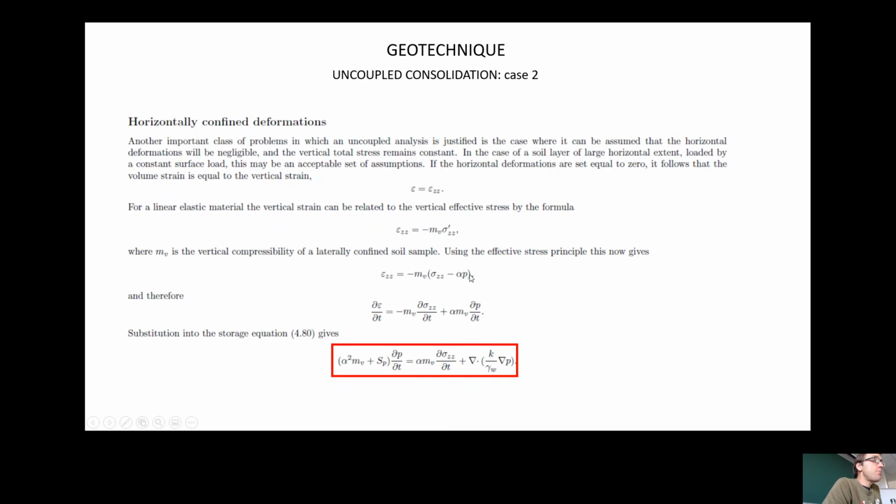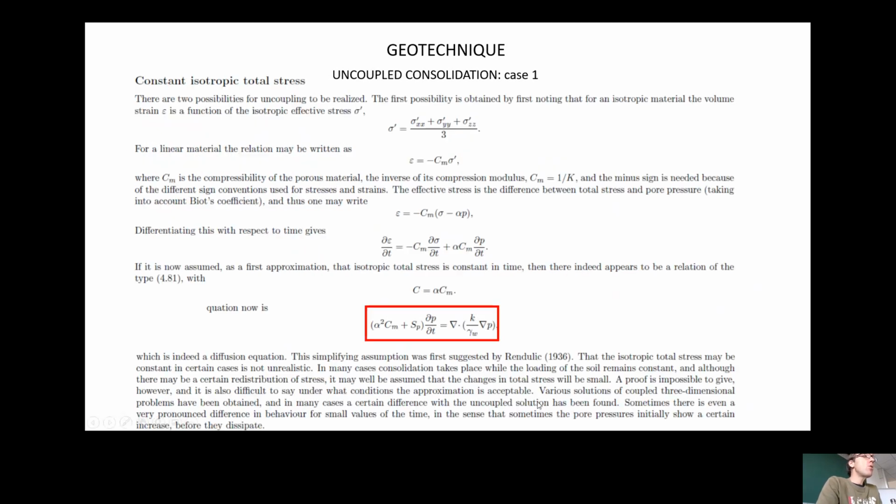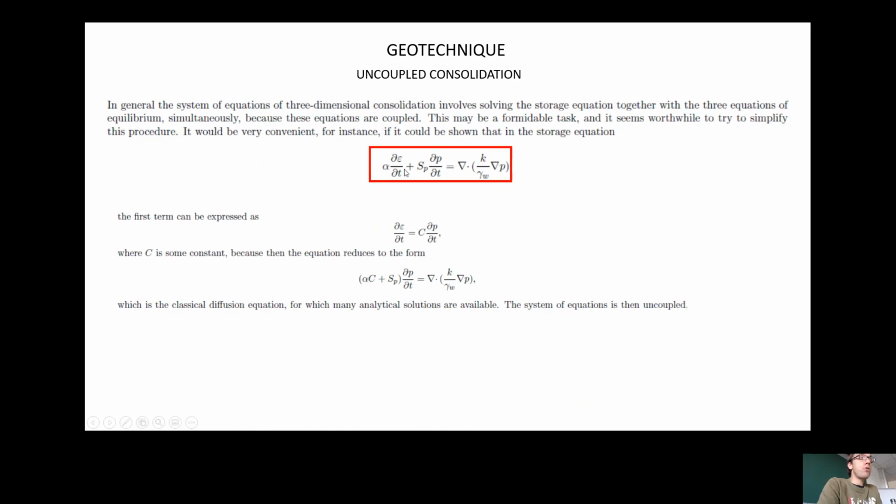And therefore, at this point, we can derive this formulation, and we can differentiate in time, and we can obtain the derivative of epsilon with respect to t, that is minus mv, which is constant, times these two rates in the stresses. These two rates in the stresses are very interesting because we can substitute them inside this formulation.